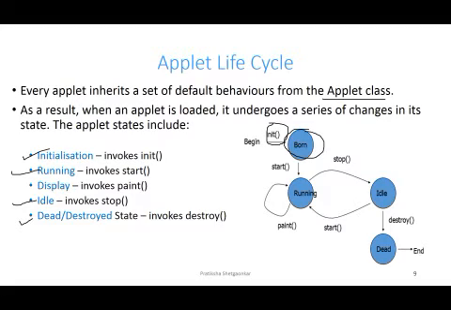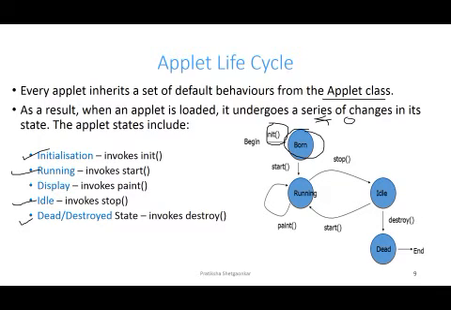At this stage, if required, we may create the objects needed by the applet, set the initial values, load the images, set up the colors, and so on. This init method will be called only once in the entire life cycle of the applet.